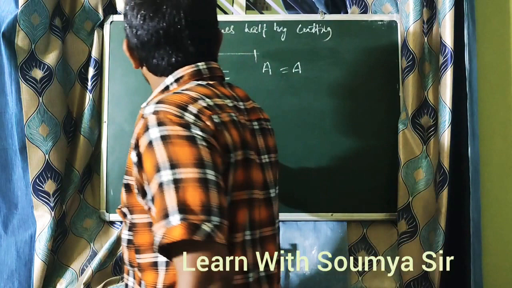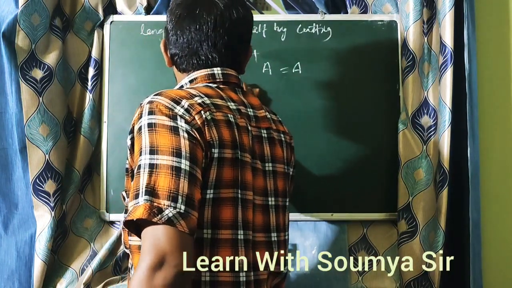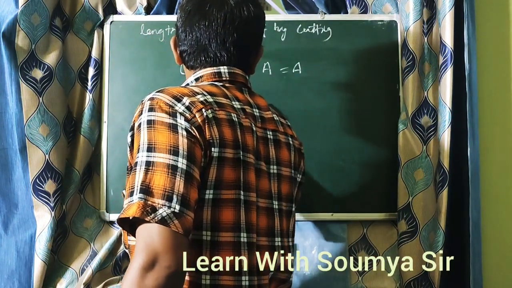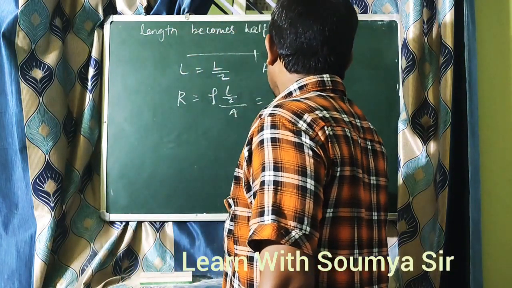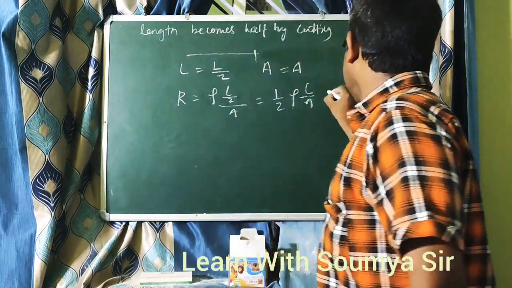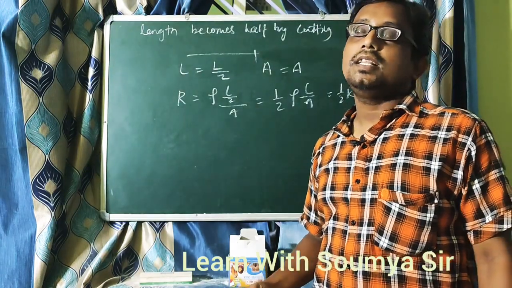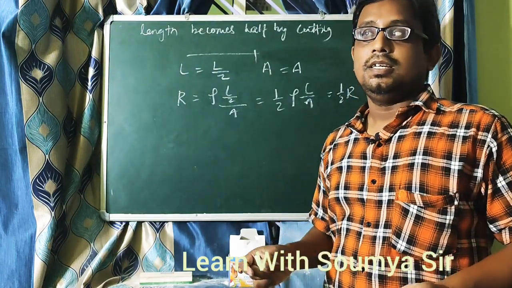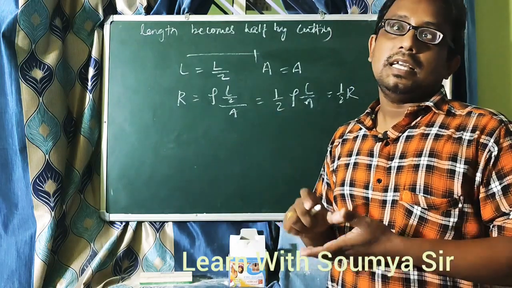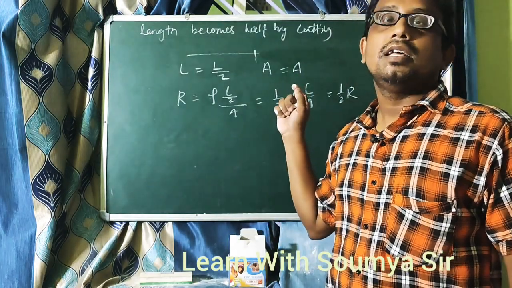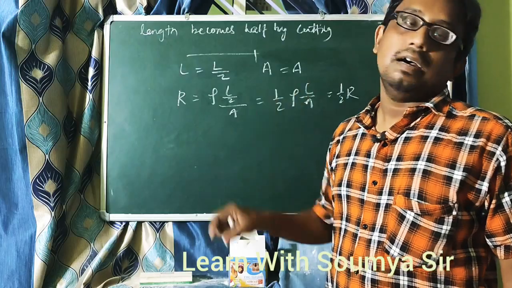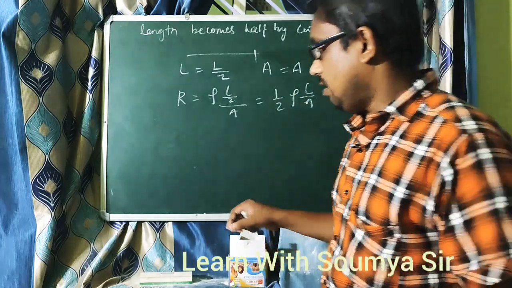So the new resistance R1 will be ρ(L/2)/A. It will be half of ρL/A, half of the original resistance R. That means when the conductor is halved by cutting, the resistance of the conductor will be half. Is it clear?